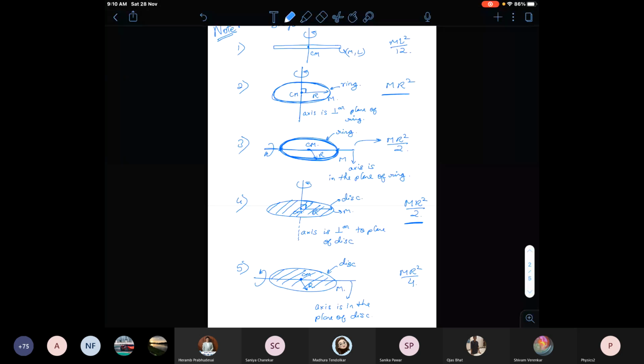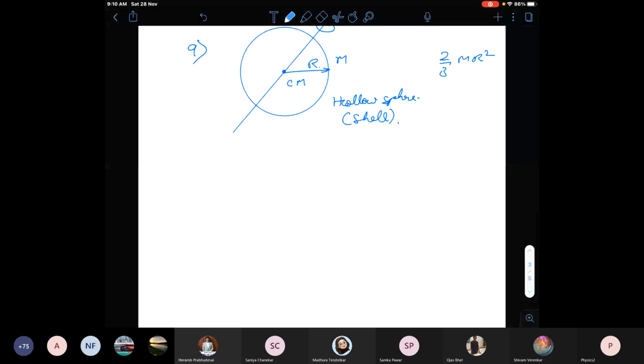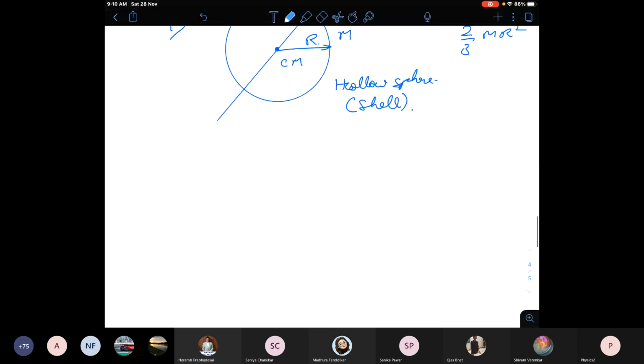I guess everybody has written this. So this table you have to remember. These are the standard shapes, and most of the questions will be asked on these standard shapes only.